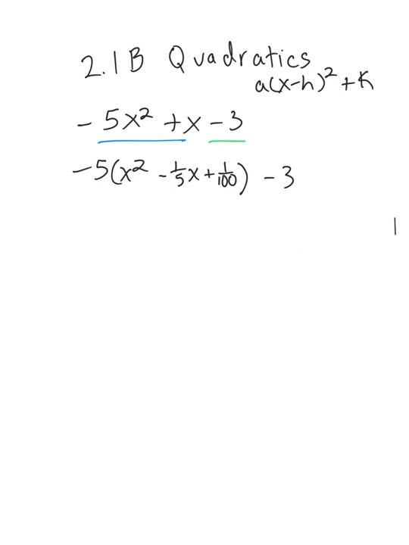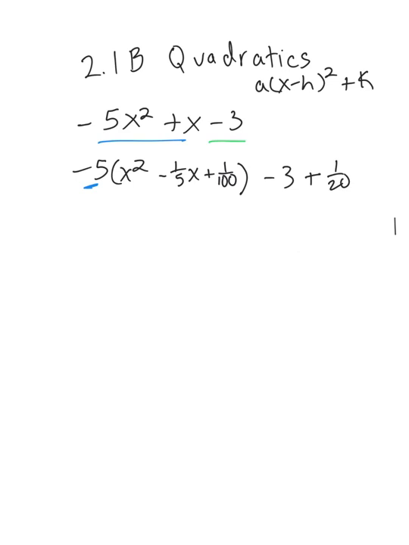However, we don't subtract, we're going to add, because once we do a negative times a negative on our outside number, that becomes a positive. So we do 1/100 times negative 5, so that would actually be plus 1 out of 20.